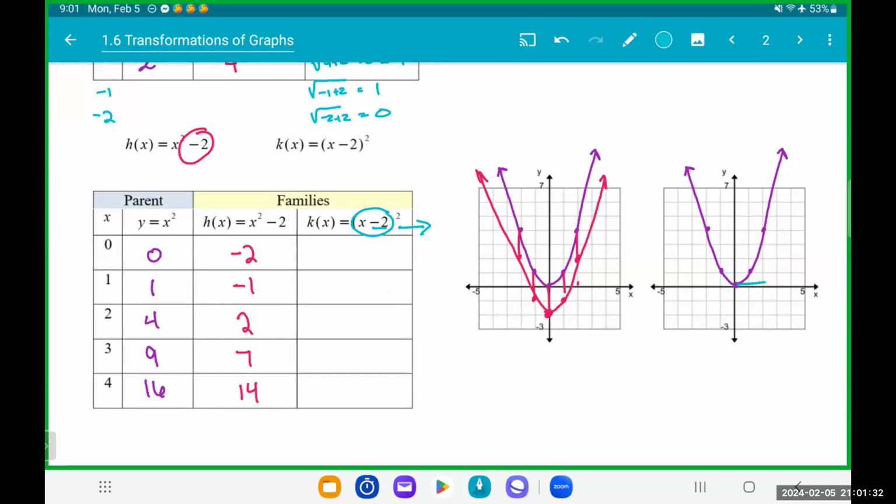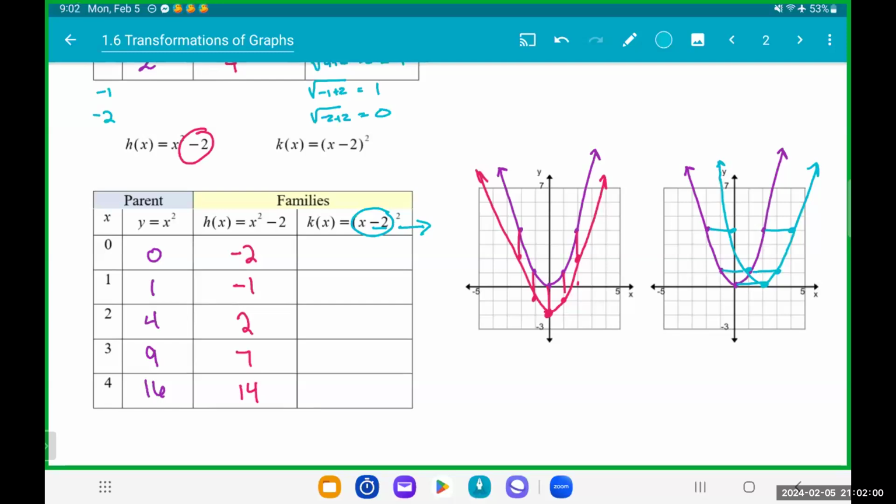So I'm going to go 2 units, 2 units, 2 units. This one, 2 units, it becomes here. 2 units, it becomes here, right? So my graph should look like this if I've shifted it 2 units to the right.